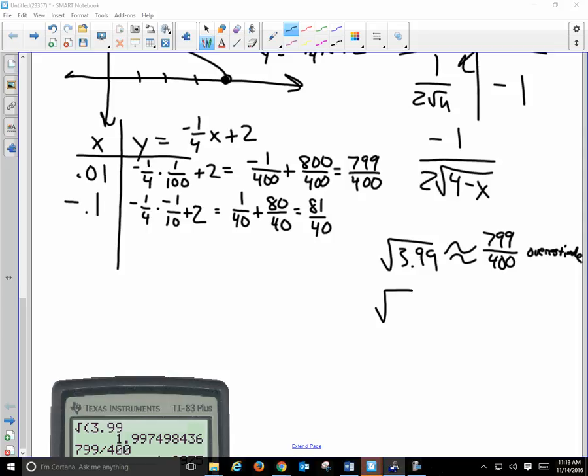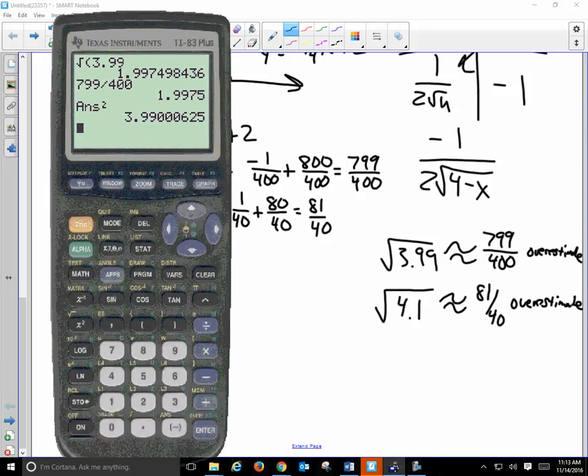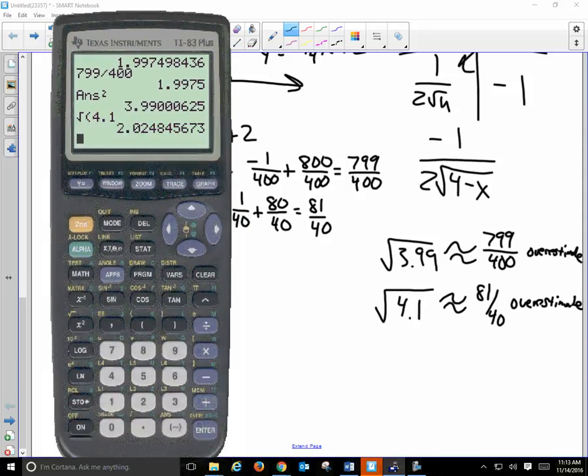So the square root of 4.1 is approximately 81 over 40, and that again would be an overestimate, which we diagnose from the shape of our graph. If I plug in the square root of 4.1, and now I'm going to take 81 divided by 40.